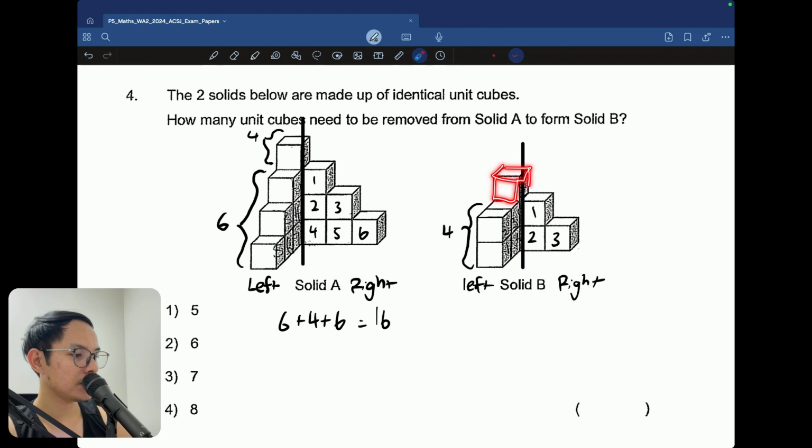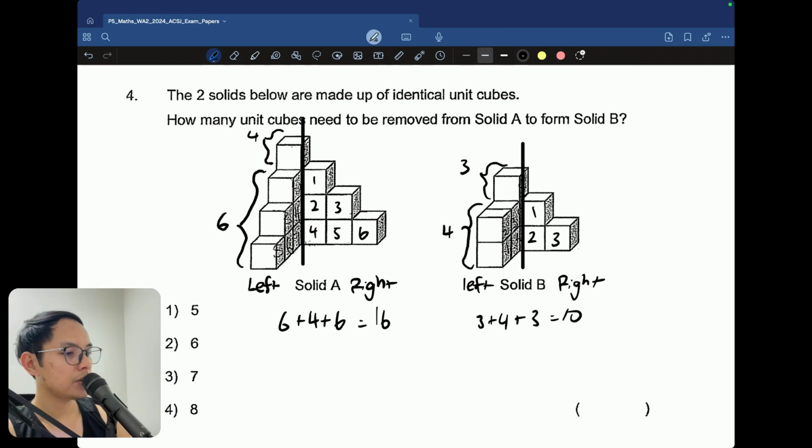So this over here has 3 blocks in this case, right? So I'm going to put here as 3. So if you were to add everything, it's 3 plus 4 plus 3. This is 10.